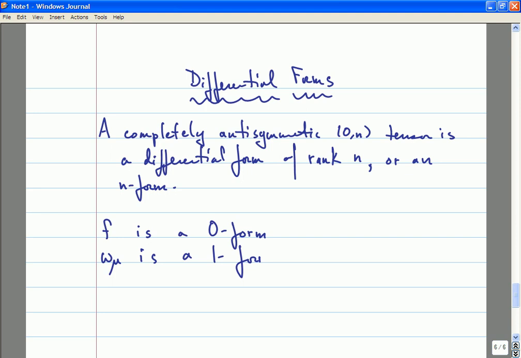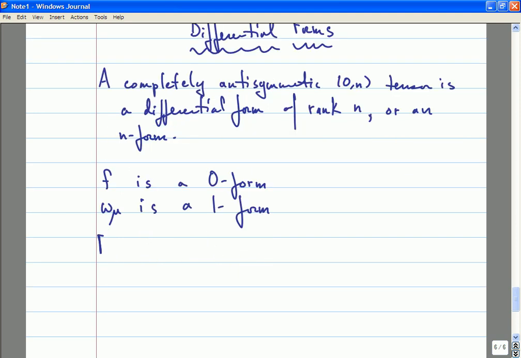An object which is a tensor with 2 lower indices, that is antisymmetric under the interchange of those 2 indices, is a 2-form, and so on and so forth. For example, the electromagnetic field strength tensor that you met in your electromagnetism classes is a 2-form. So the theory of differential forms is especially useful in electromagnetism.